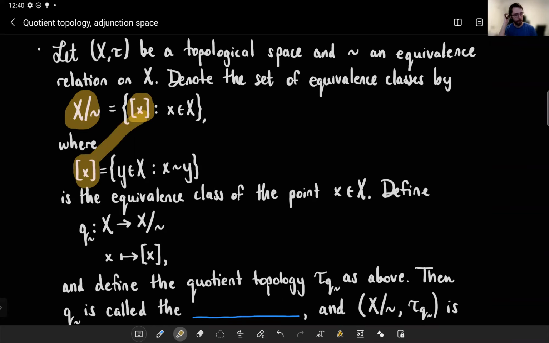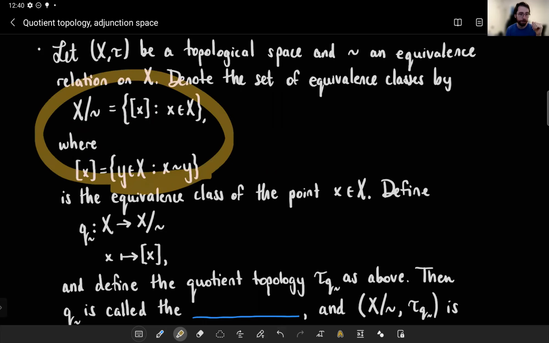And as you hopefully recall from a set theory class or wherever you learned about equivalence classes, an equivalence class is just the set of all points Y that are equivalent to your representative X. Okay, so kind of hard to represent that geometrically yet, but we'll see some examples soon. By the way, this isn't a topological notion at all. It's just a set theory notion.